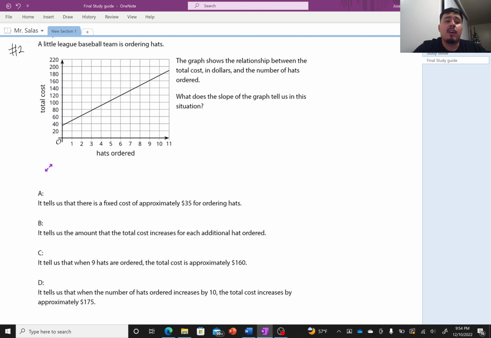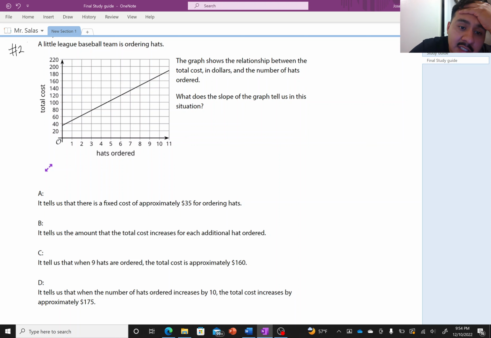All right, we're gonna look at our answer choices A, B, C, and D, and decide which statements are true. Let's look at answer choice A. It says it tells us that there is a fixed cost of approximately $35 for ordering hats.